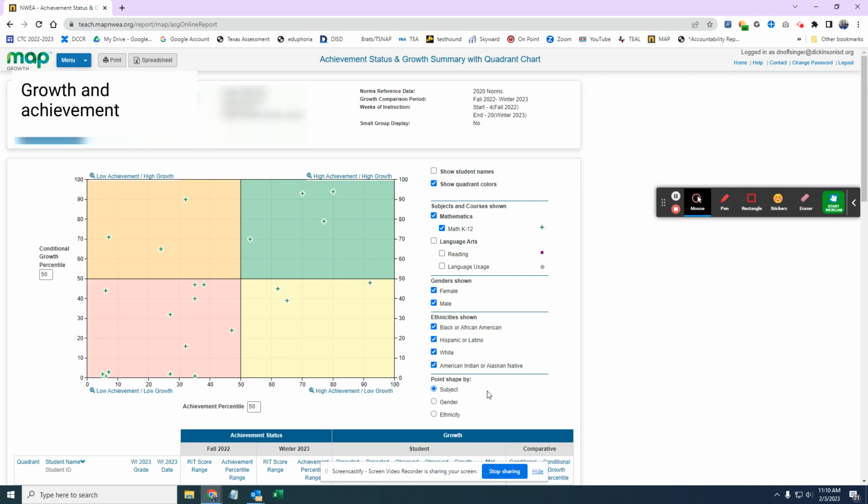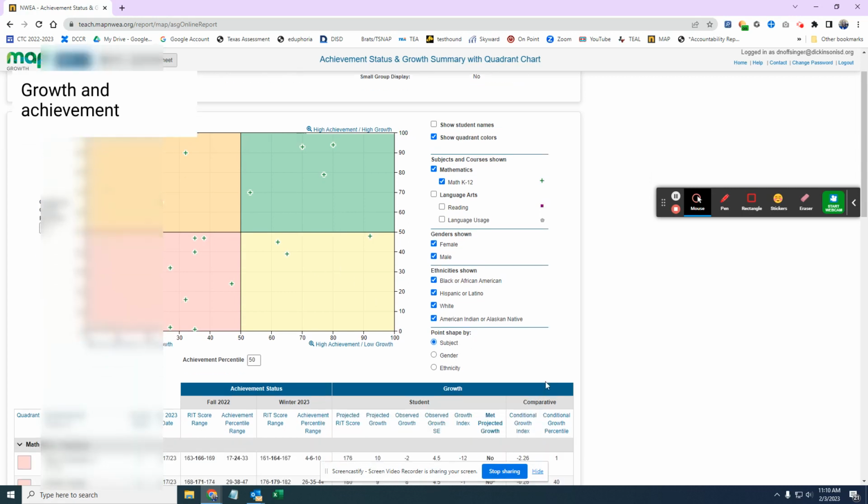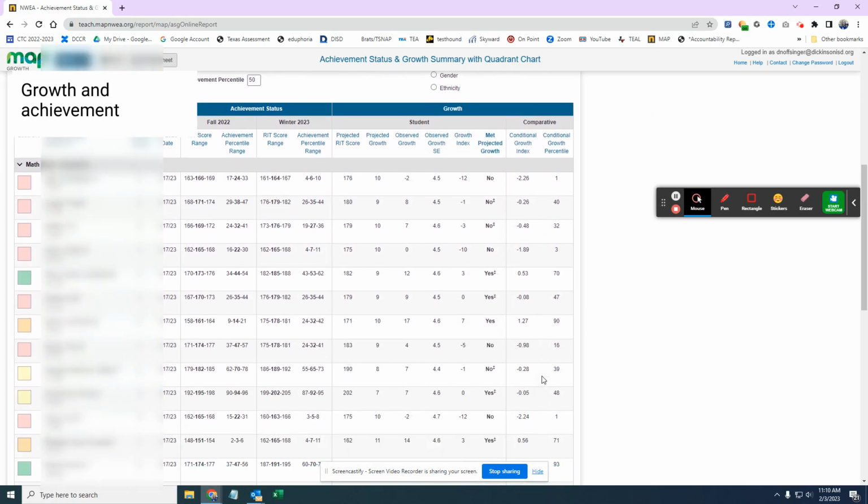Okay, so let's look at what else this report gives us. The other thing the report gives us is it looks at their achievement status and their growth. And so it gives us their beginning of the year RIT range and achievement percentile, and it gives us their winter. So what this shows us is that their projected RIT should have been a 176. So they were at a 166.